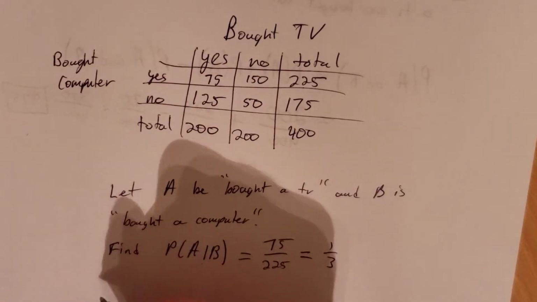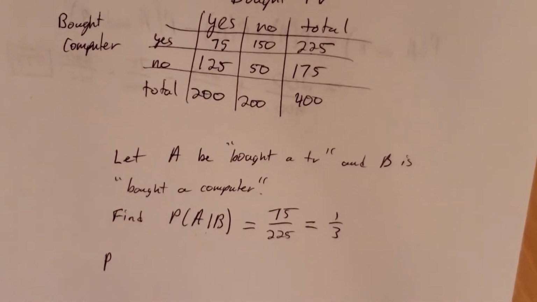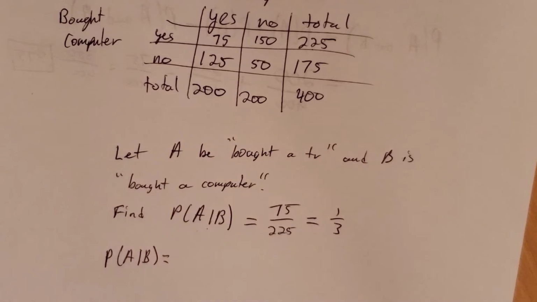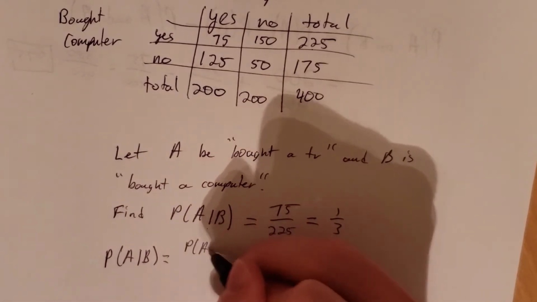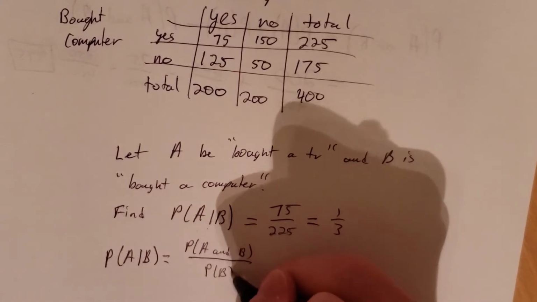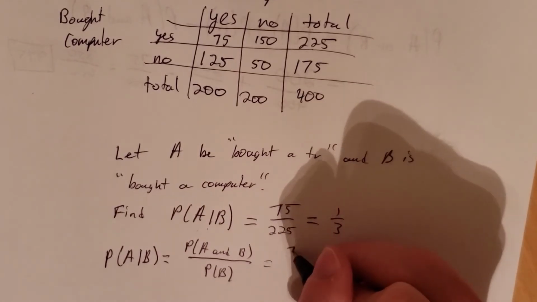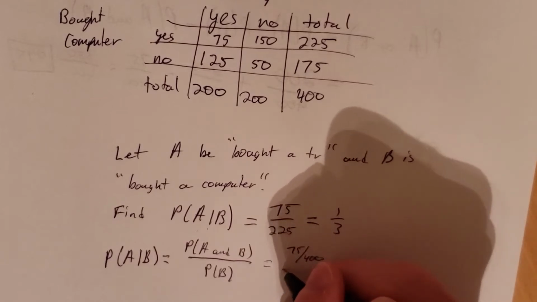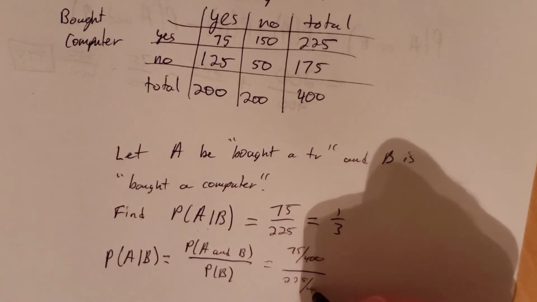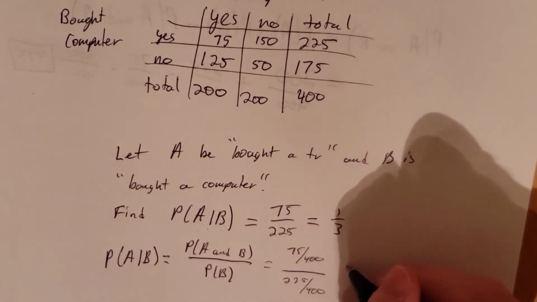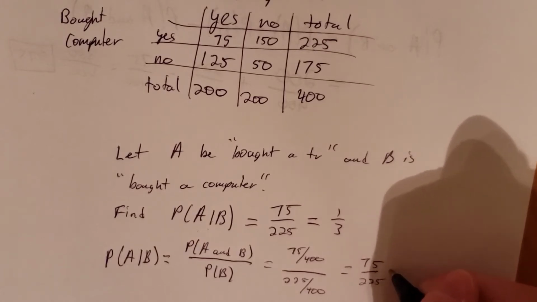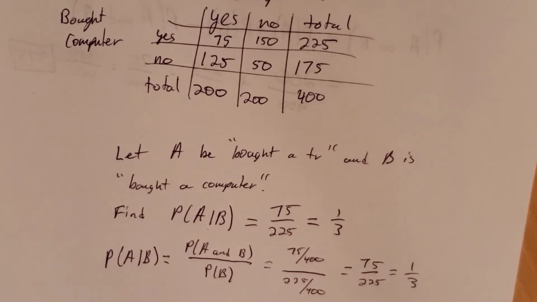So let's use our formula now. Probability of A given B is probability of A and B over the probability of B. This is 75 over 400 all over 225 over 400, which of course reduces to 75 over 225, which is 1/3.